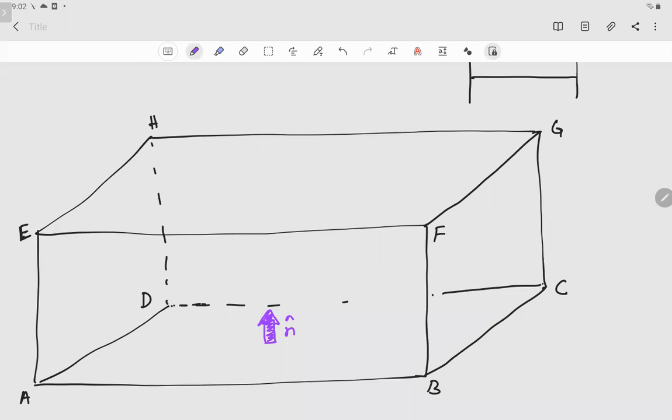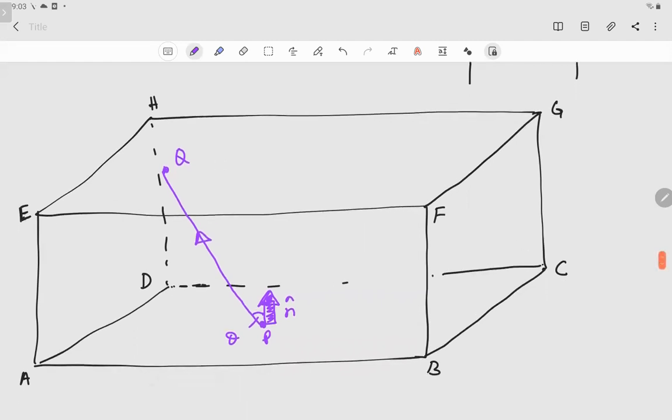Now consider a point P over here and a random point Q on the ceiling. P is on the floor and Q is on the ceiling, and PQ is this vector which starts from the floor and ends up on the ceiling. Now P can be anywhere on the floor and Q can be anywhere on the ceiling, and this is angle theta between this unit vector n and PQ.